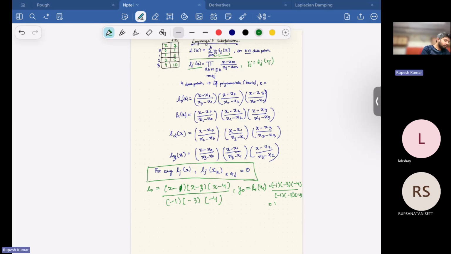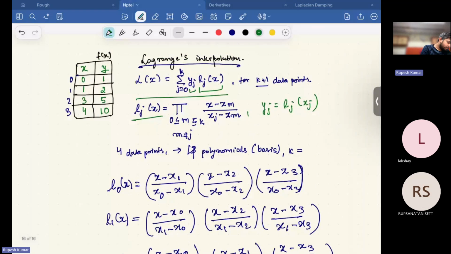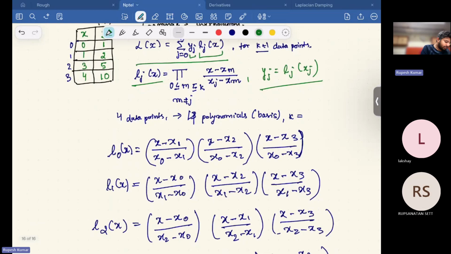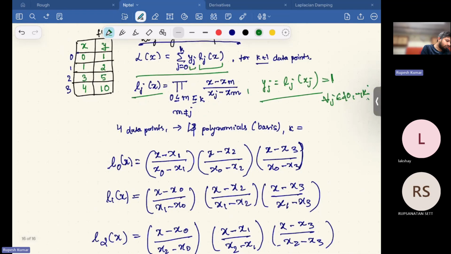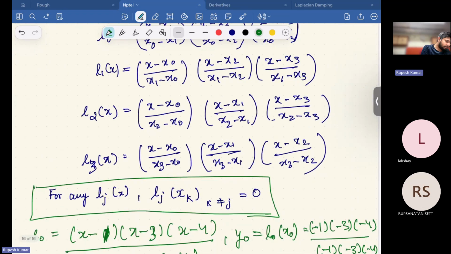You can see here that if yj equals lj of xj, then lj of xj is always 1, for all j belonging to 0 up to k. So we don't need to compute yj again and again.